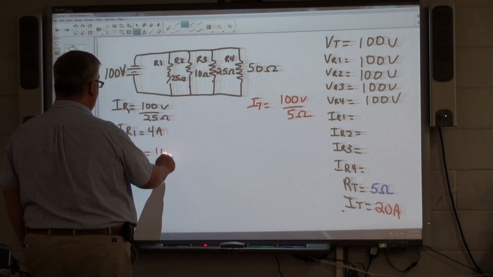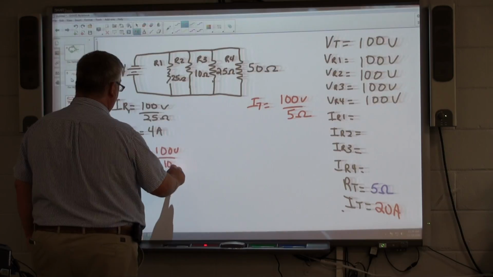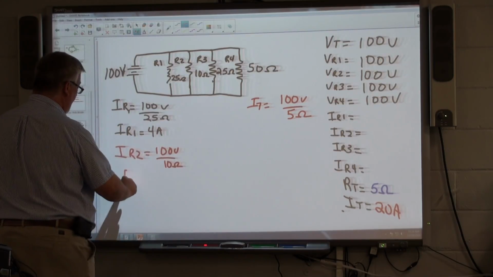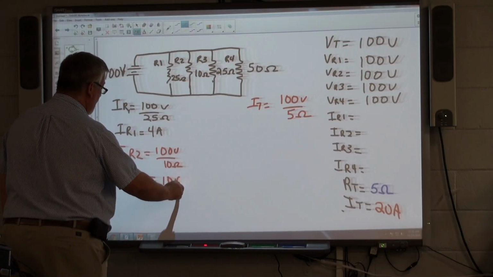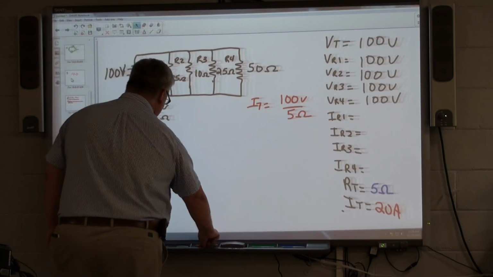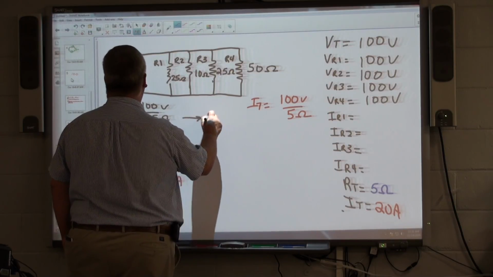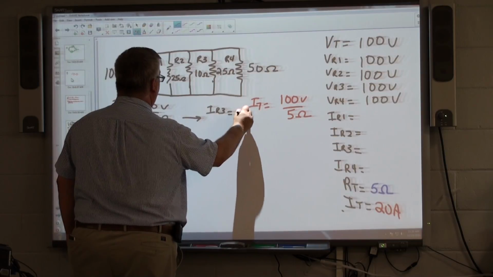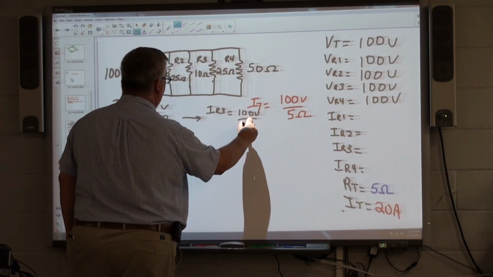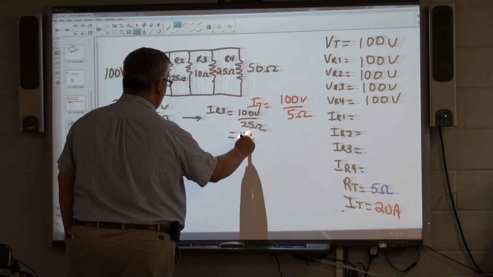R2 is 10 ohms, 100 volts divided by 10 ohms. R2 is what? 10 amps. So this ends up being the exact same thing for R3, since they're the same value: 100 volts divided by 25 ohms, which equals 4 amps.